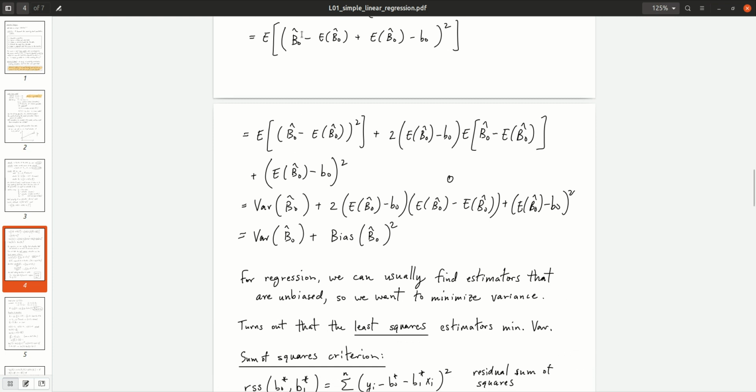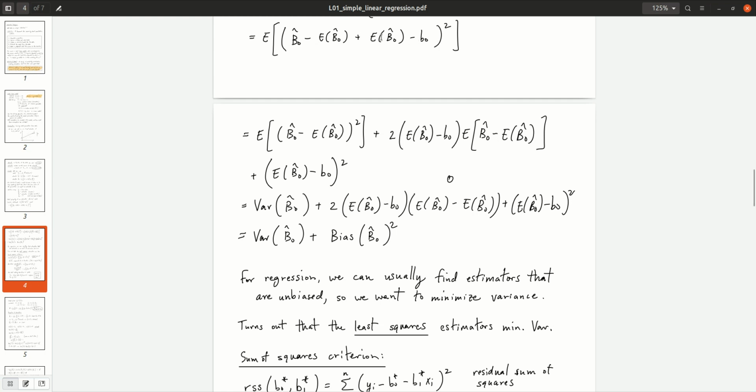Now, if I do the FOIL operation, I get this difference squared, which is this. I get twice the cross term, so that's expected value of this difference, which is here, times the expected value of this difference.